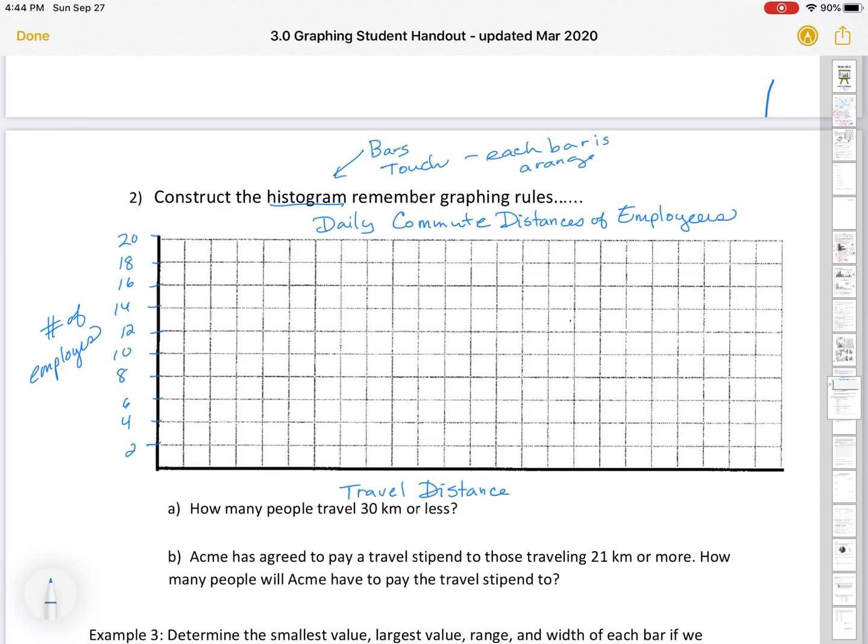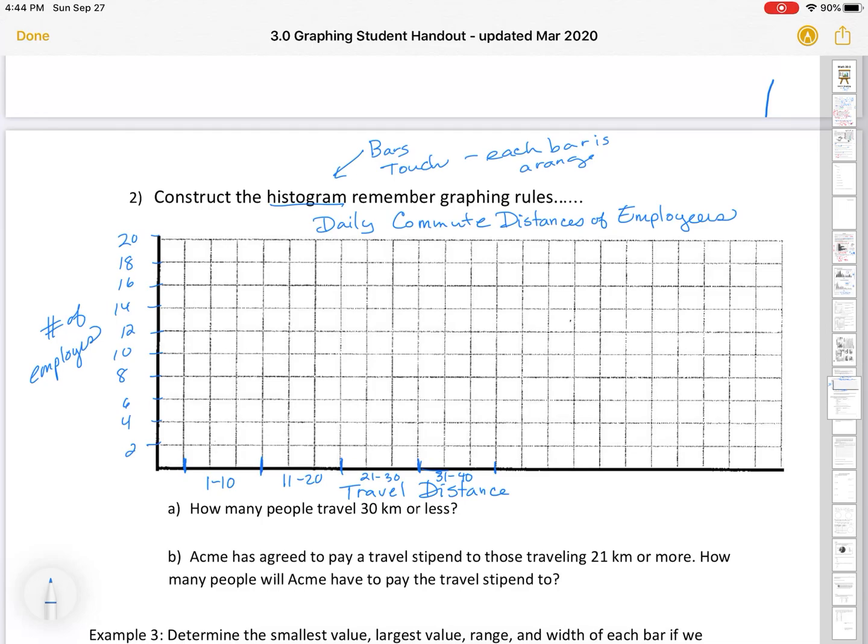So I'm lucky, it works. This first bar is going to be 1 to 10, right? And they touch. This next bar will be 11 to 20. And I've just chosen to make them 3 wide. You might choose to make them 4 wide. Then we're going to have 21 to 30. And then finally, 31 to 40.